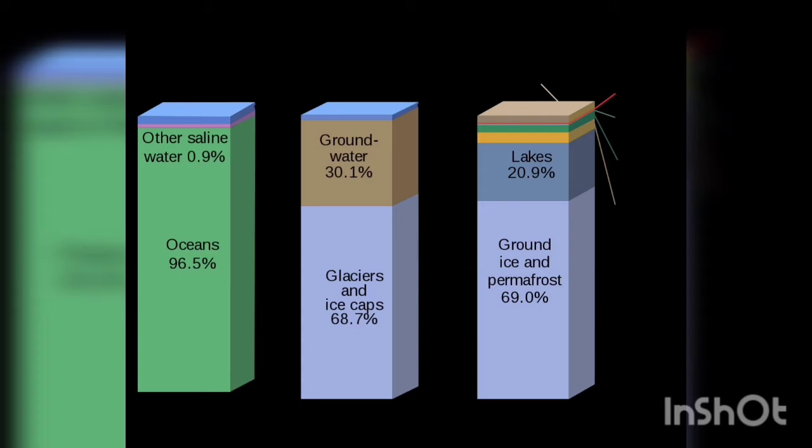The salt water constitutes about 97.2% and the fresh water is only about 2.8%. Out of this 2.8% of fresh water, only 2.2% is available as surface water and the remaining 0.6% is found underground, or what we call groundwater.